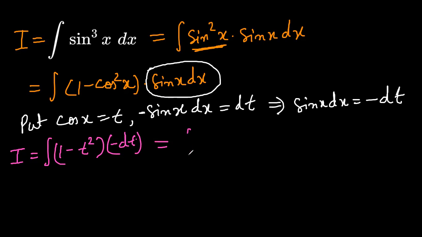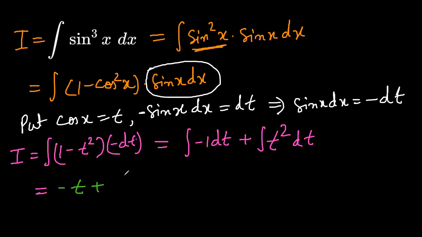This can be written as minus of 1 dt, and minus minus is plus t square dt. Integration of minus 1 is minus t, and plus integration of t square is t to power 2 plus 1, that is t cube divided by 2 plus 1, and plus c.